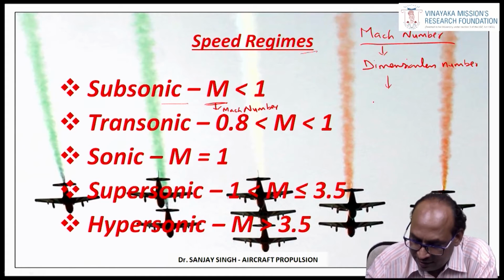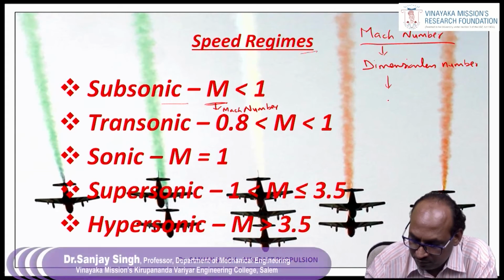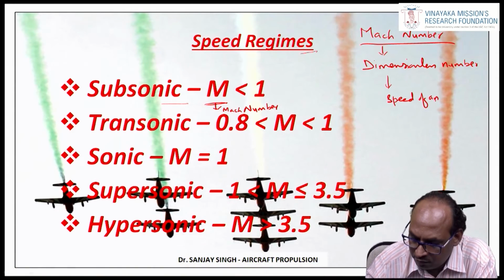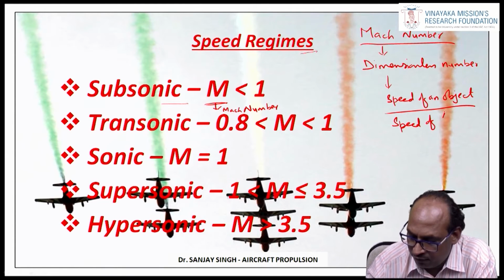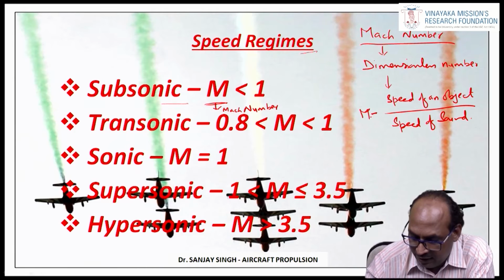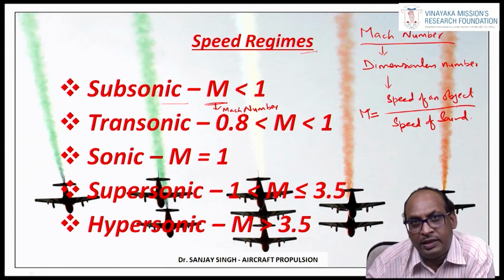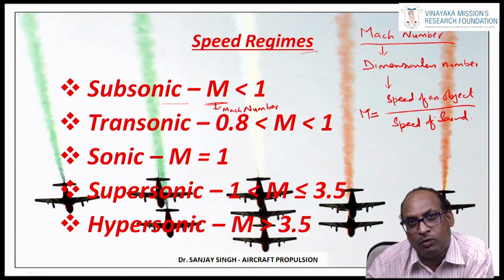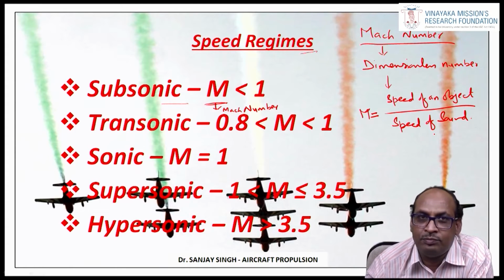Because it is the ratio of the speed of an object divided by the speed of sound. So Mach number is equal to speed of an object divided by speed of sound, and as this is the ratio of the same physical quantity, speed, that's why it does not have any dimension.